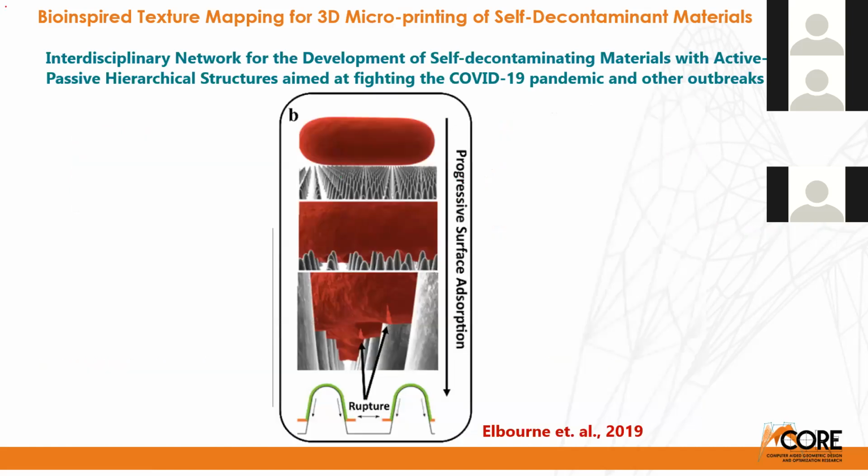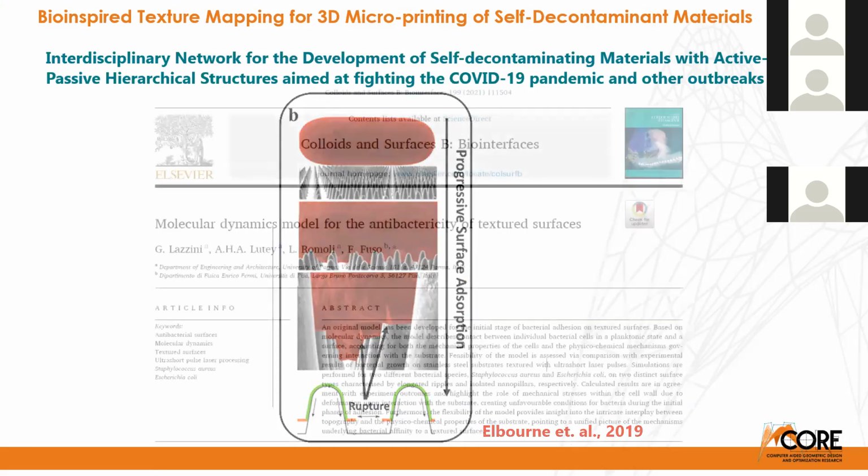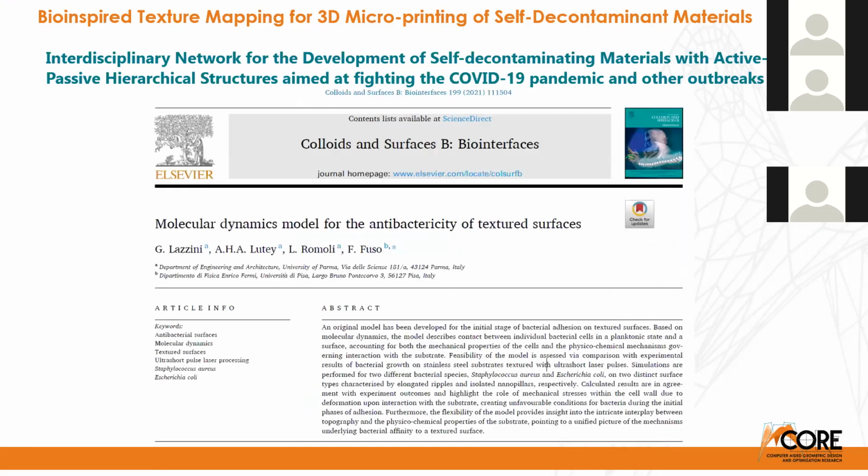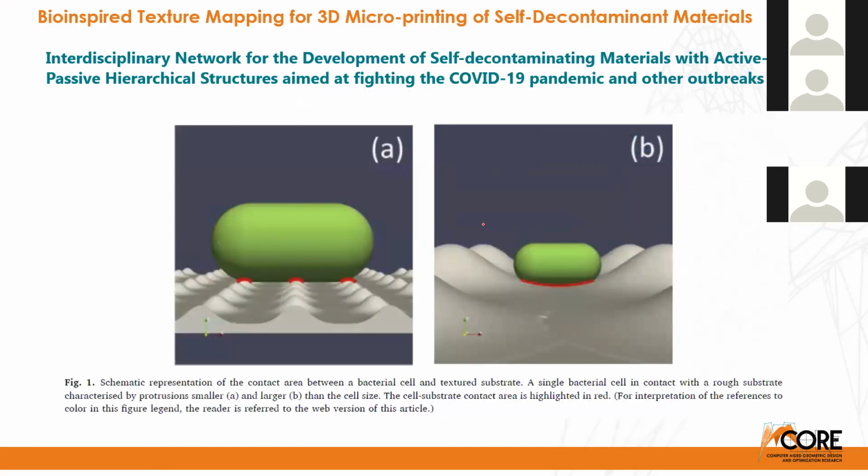This is an illustration that shows how the rupture happens. There's some work, by Alborn, that describes this in detail. And then we have this article that came out in 2021 that brings the simulation that we are thinking of working on.